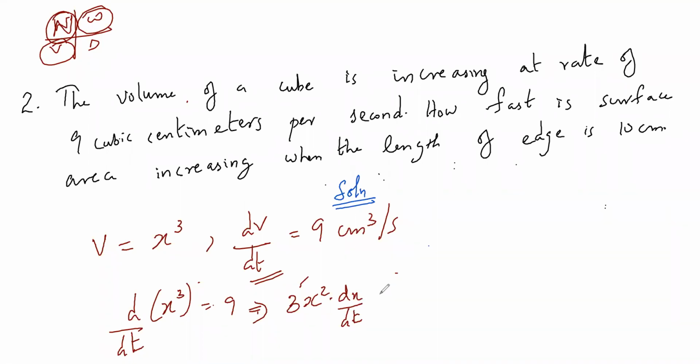Okay, because this is not differentiation with respect to x, it is with respect to t. So, for example, see guys, if it is d by dx of y cube, what will you do? 3y square into dy by dx, right? Correct? Similarly, the same procedure only I'm doing here. Is it clear for everyone? So this is equal to our 9. Up to this step, anyone having any doubt, let me know.